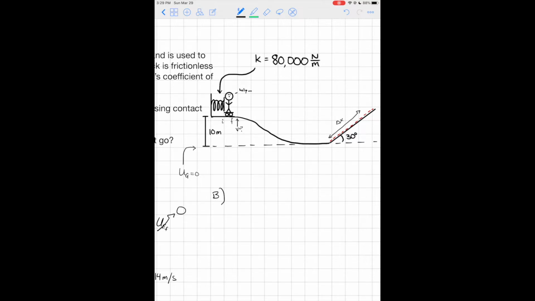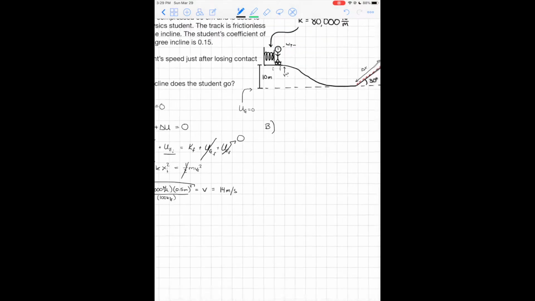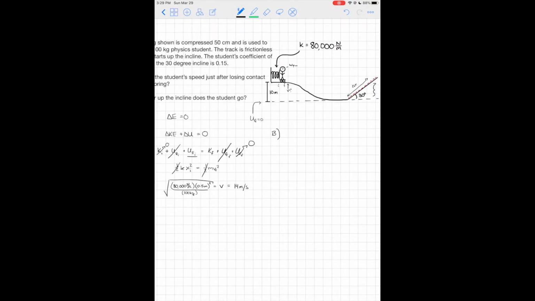I'm not actually looking for the height per se. I'm looking for how far up the incline it goes. We can obviously turn that into a height pretty easily, and we may even need the height at some point. But let's just go ahead and assume we're looking for delta x there.